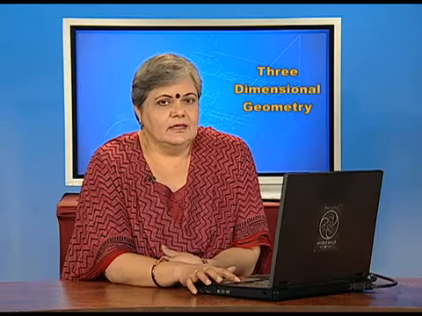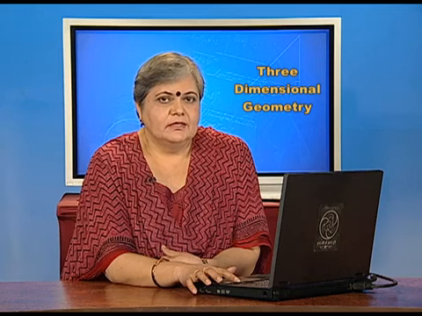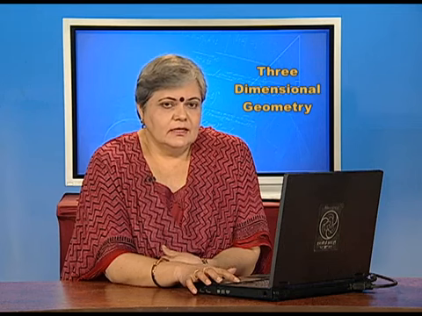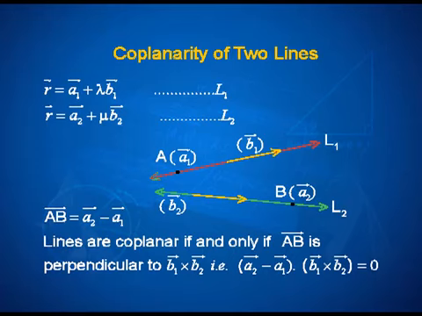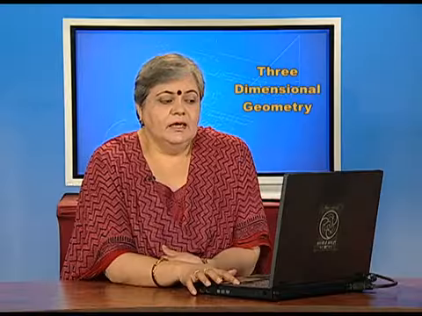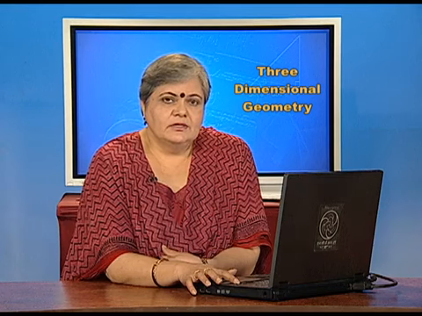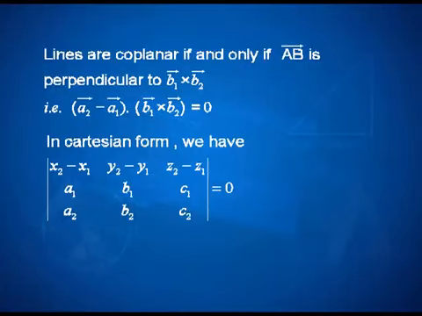And that exactly is the condition for coplanarity of two lines, that is, vector a2 minus vector a1 dot b1 cross b2 equal to 0 would imply that the two lines are coplanar. In Cartesian, the same condition translates to the determinant with first row x2 minus x1, y2 minus y1, z2 minus z1, second row a1, b1, c1, third row a2, b2, c2.